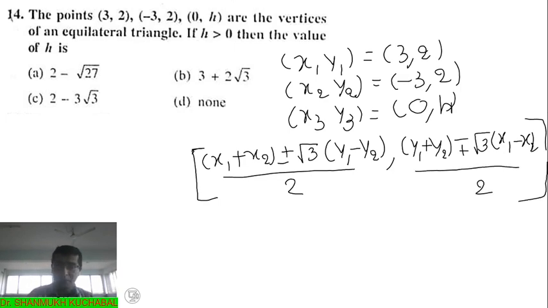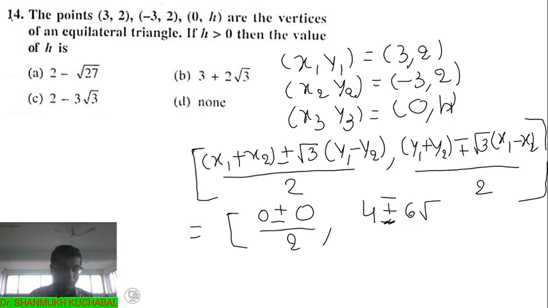So if you substitute x1, x2, x3, y1, y2, y3 in this expression, we get 0 plus or minus 0 divided by 2. Next 4 plus or minus, it is minus or plus, it is 6 root 3 divided by 2.